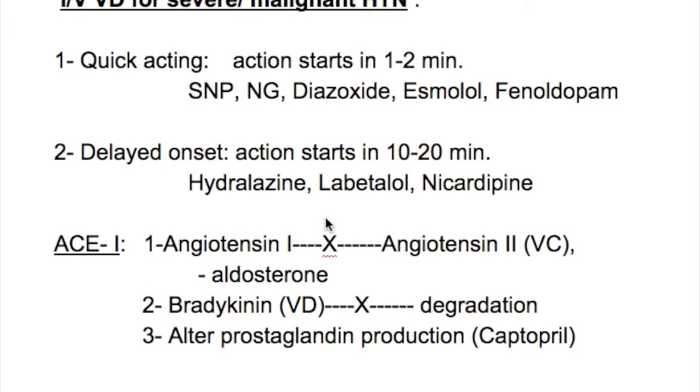What are the drugs used for severe and malignant hypertension? The IV vasodilators used for severe and malignant hypertension are of two types, quick acting and delayed onset. The quick acting ones start acting in 1 to 2 minutes, and the delayed action ones start in 10 to 20 minutes.